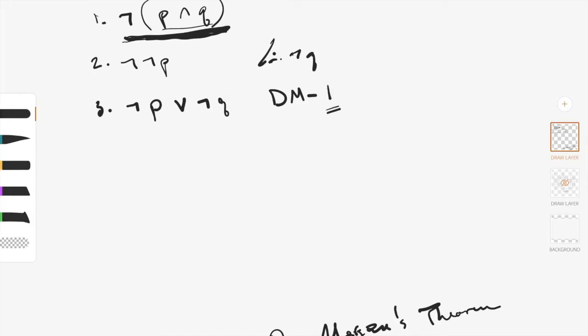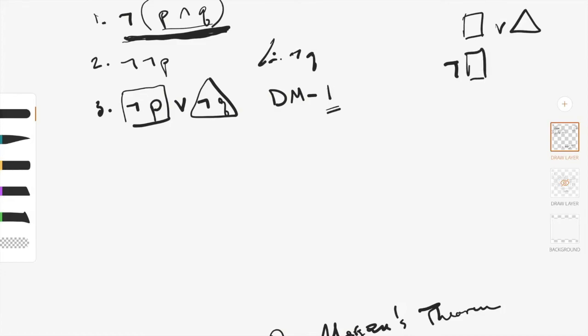All right, now let's analyze this expression on line 3. We have an expression here joined to another expression by a disjunction. And if we think about our inference rules, then we realize that a candidate might be disjunctive syllogism, which looks like this or that, and then we have the negation of everything in the square.